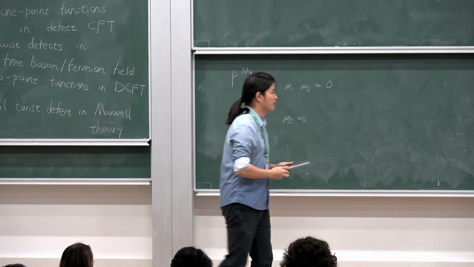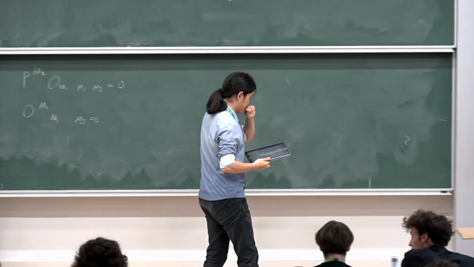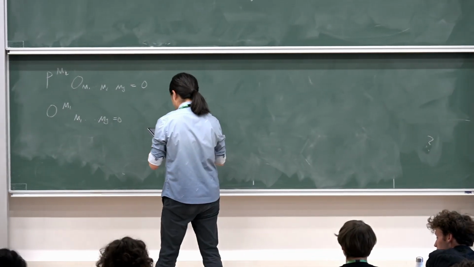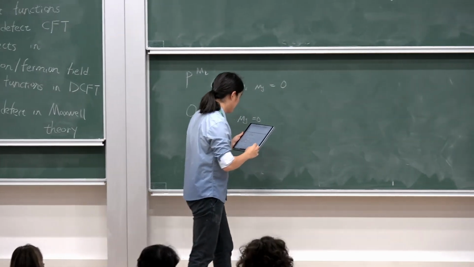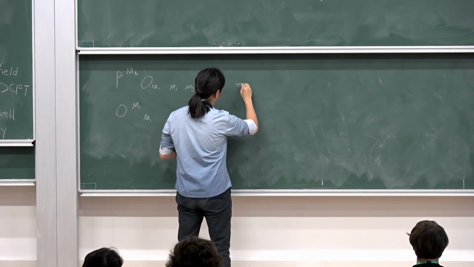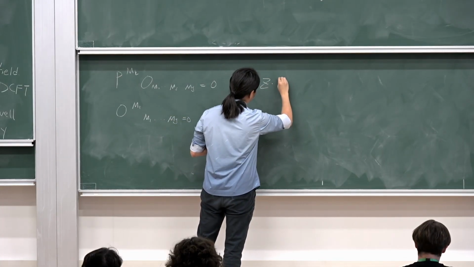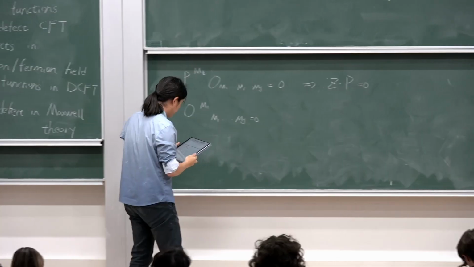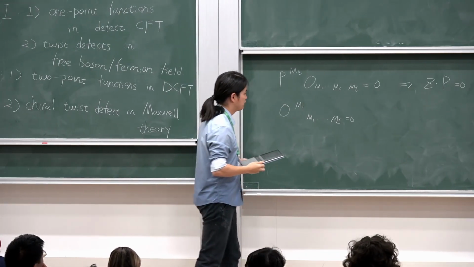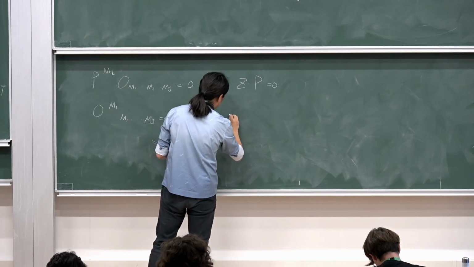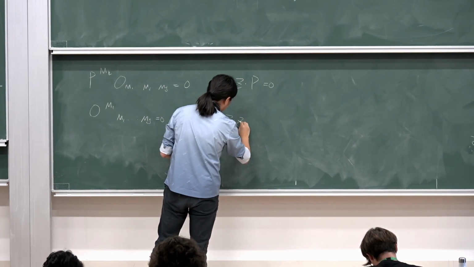Now, for this auxiliary polarization vector Z to be ever useful, the transversality condition means that Z has to be null with respect to P. And for the tracelessness to be satisfied, you would have to require that Z itself has also to be null.